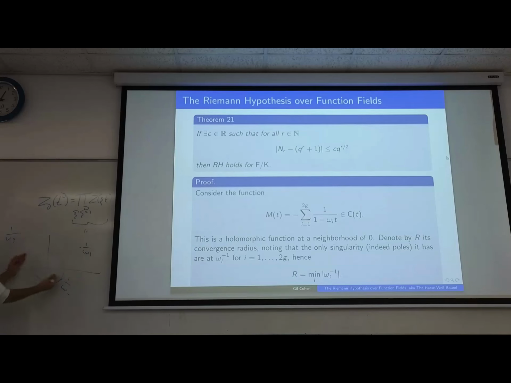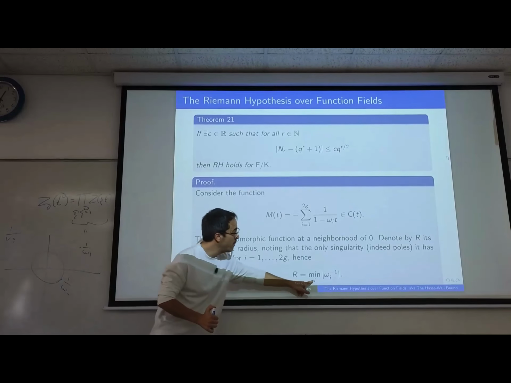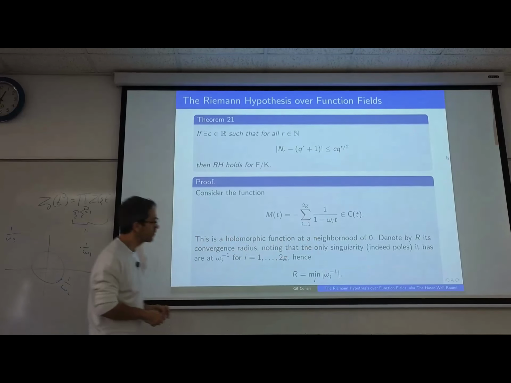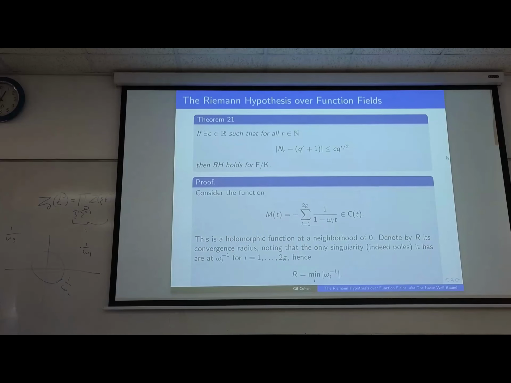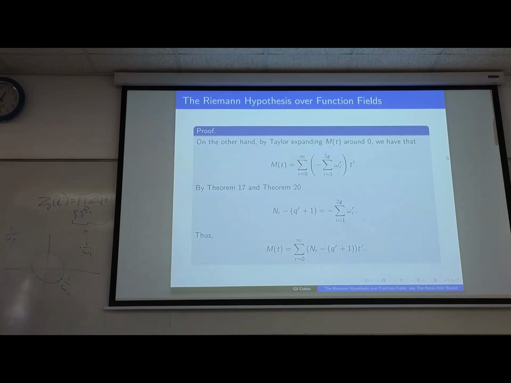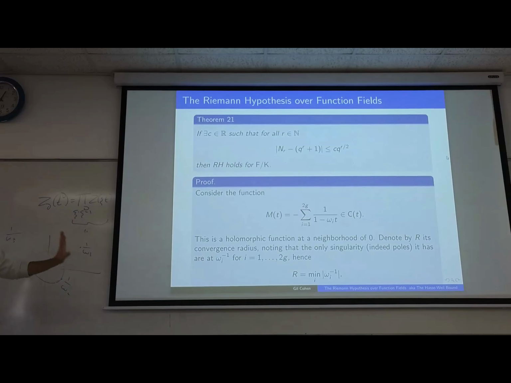You can't be defined over the entire ball of a radius larger than that. So the convergence radius, the biggest ball that you can be differentiable over, is obtained by the minimum of those, the absolute value, how far this is from the origin. So keep that in mind.